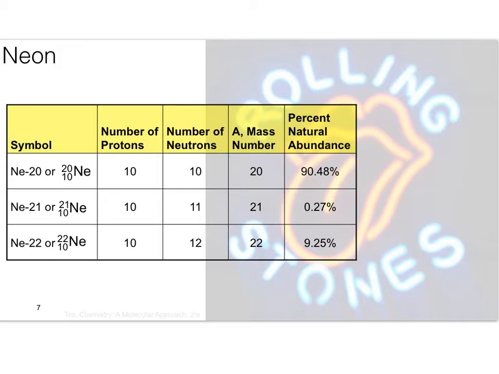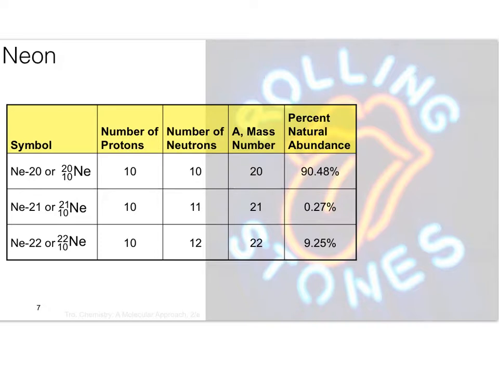And so in these 3 flavors of neon, all 3 of them are going to have 10 protons, because that is simply what makes neon neon. It has 10 protons in its core, its nucleus. But you can quickly see that the 3 flavors have varying amounts of neutrons. So one type of neon has 10 neutrons, one type has 11, one type has 12. So we're getting increasingly more massive in our atom as we go down.